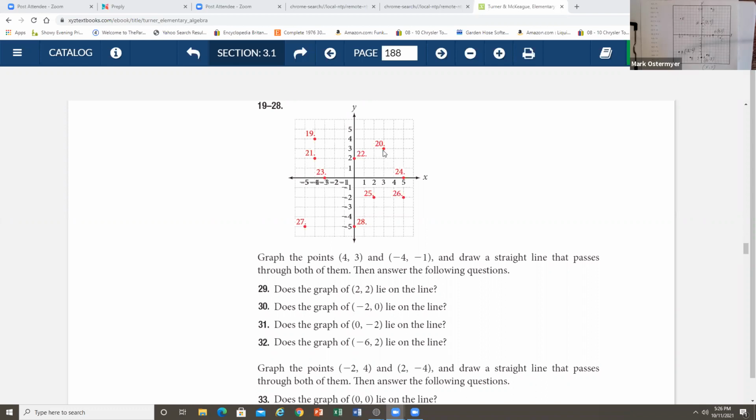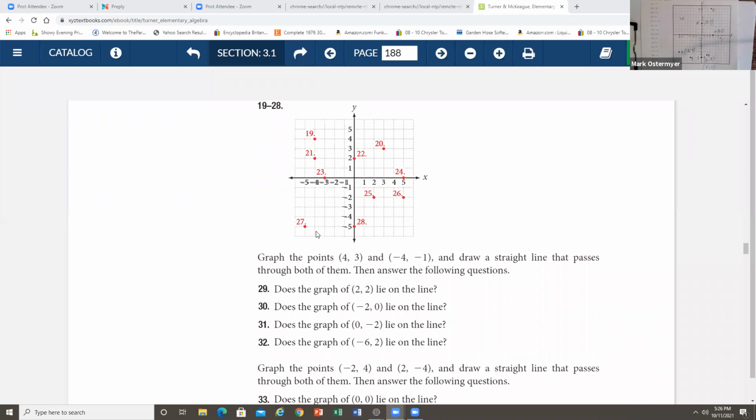So this would be the point 3, comma 3. Number 19, what would be its x coordinate for point 19? -4. What's its y coordinate? +4. So number 19, that point would be -4, comma, +4.